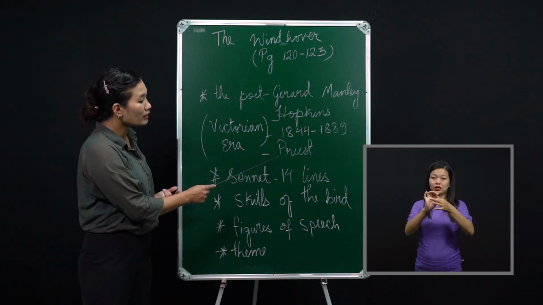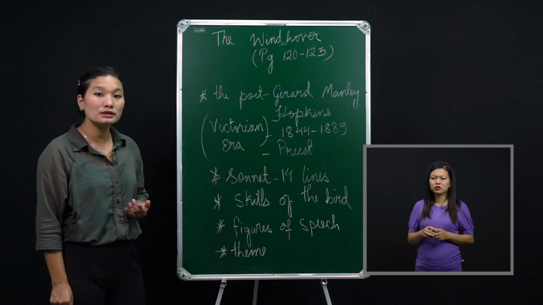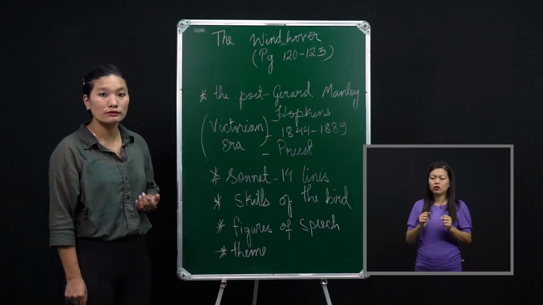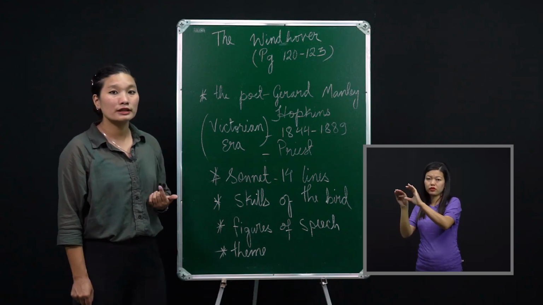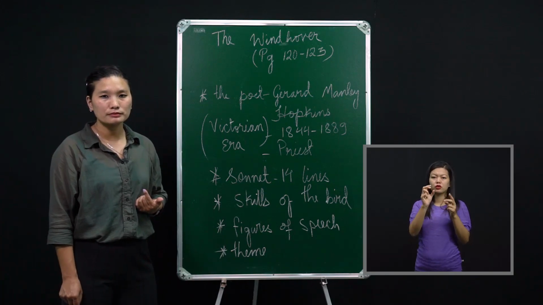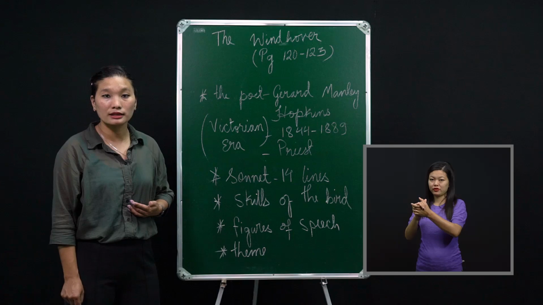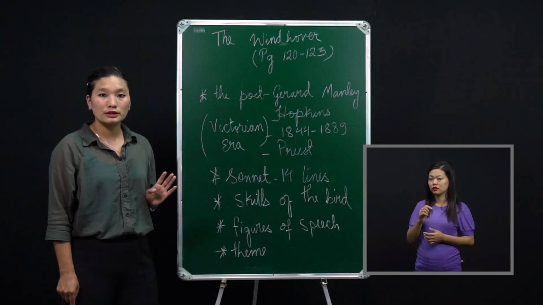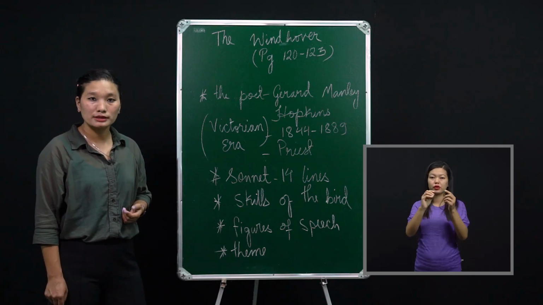So he became a priest, but you might be wondering, if all his writings were burnt, how could a poem like The Wind Hover be published? It is because he had a friend who was also a poet, Robert Bridges. His friend began to publish his poems after his death. Remember, none of the works of Gerard Manley Hopkins were published during his lifetime.